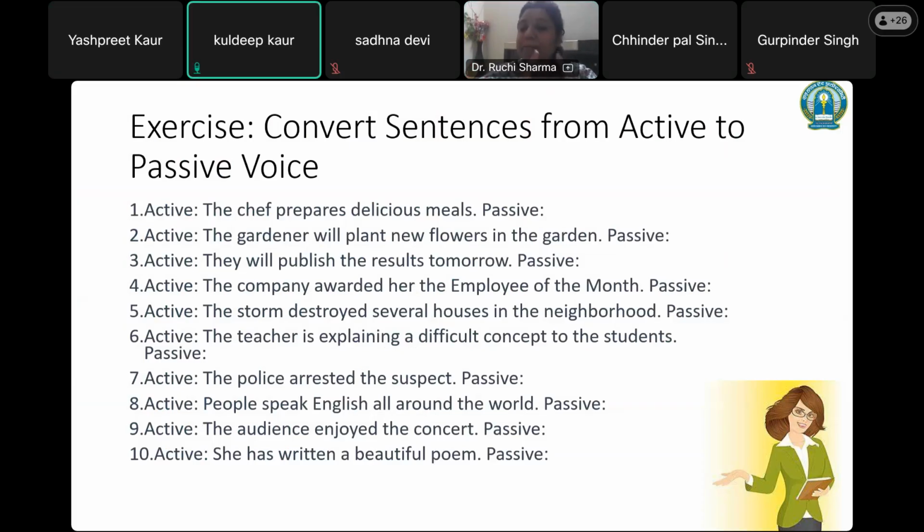Now remember, by is very important in all passive sentences. Okay? So next sentence: People speak English all around the world. All around the world, English is spoken by people. Very good. Now see, here is an example of an exercise where it is already mentioned that this is a sentence which is in active voice.